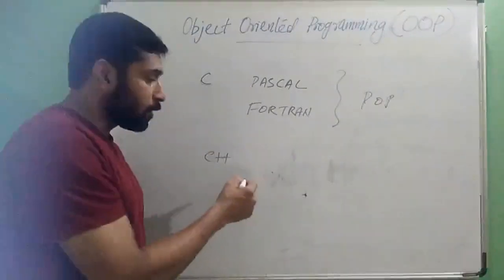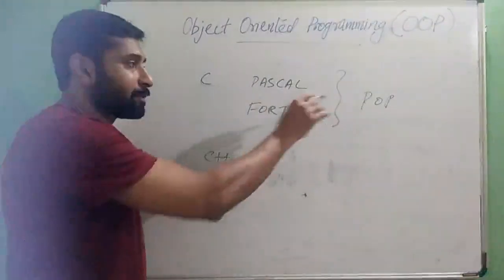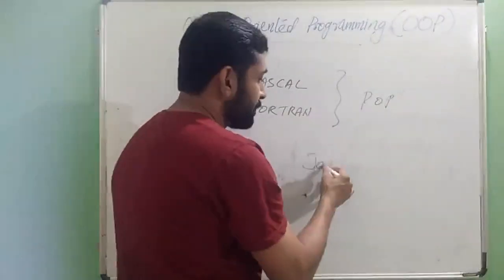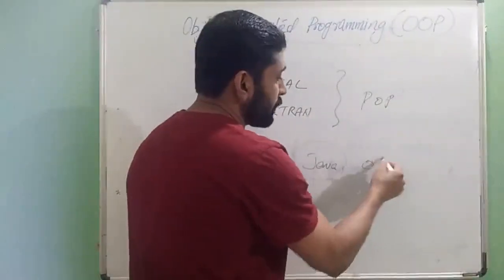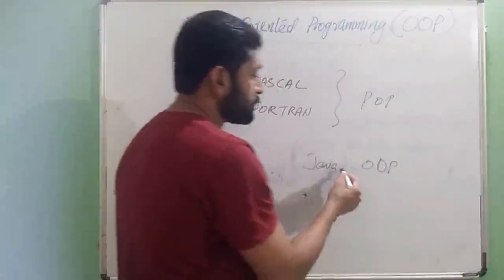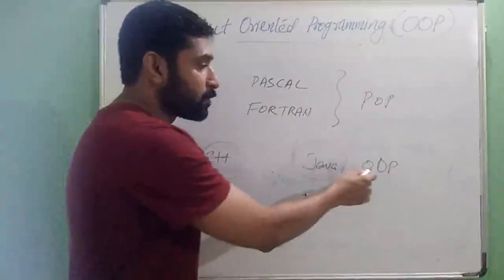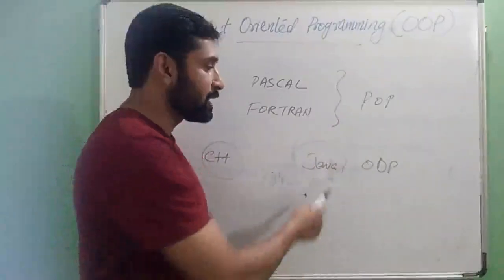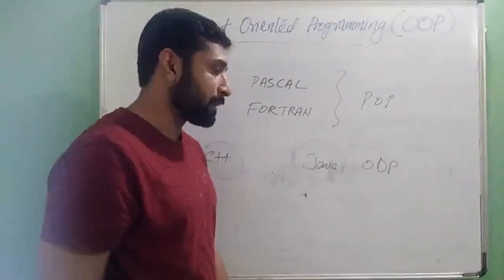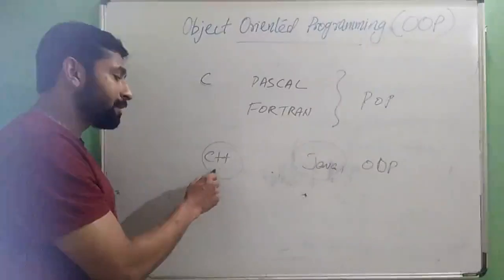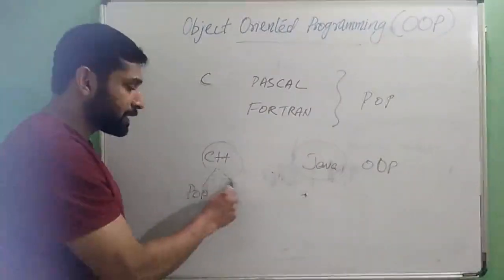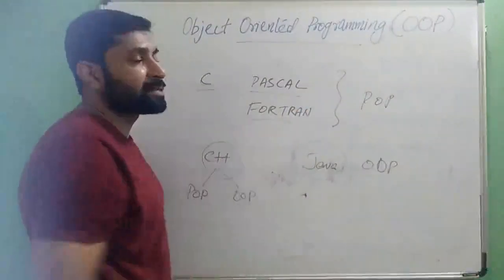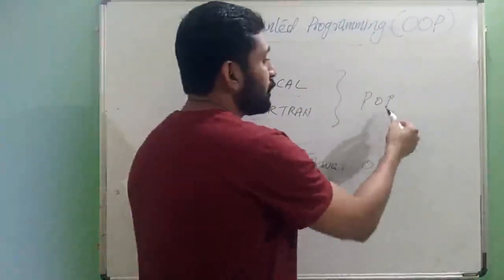We can write object oriented programs as well as procedure oriented programs in C++. Java is a true object oriented programming language. We can write object oriented programs only in Java. In C++, we can write POP programs as well as OOP programs. In C, Pascal, Fortran, etc. we can write only POP programs.